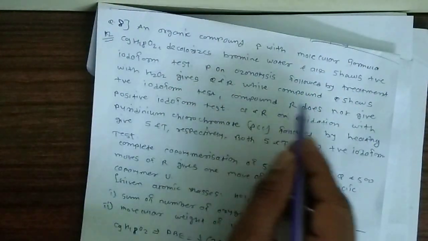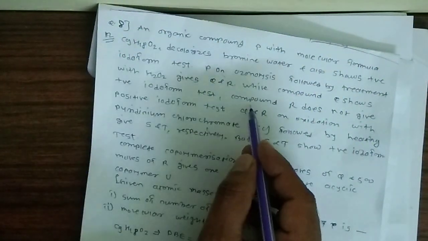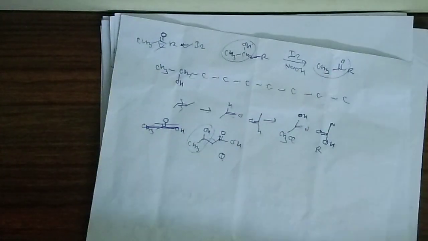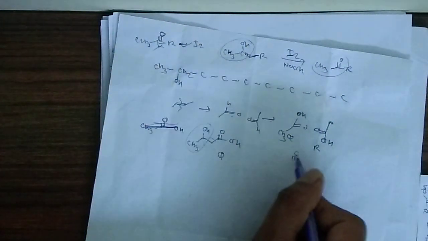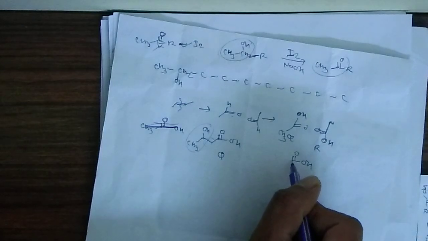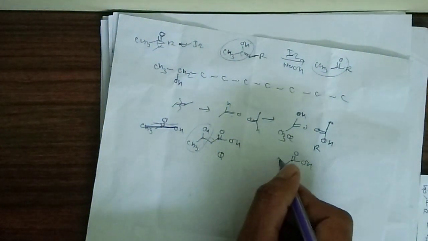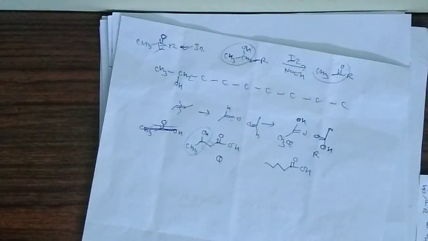Next, what are they given? While Q shows a positive iodoform test, compound R does not give a positive iodoform test. Means in R, no secondary alcohol group should be there. It should be like that.